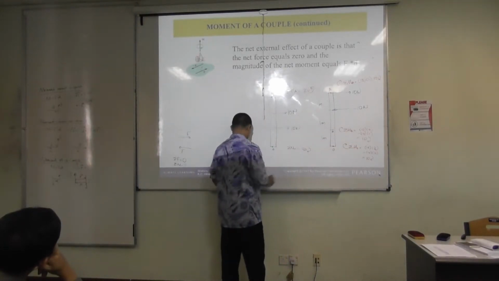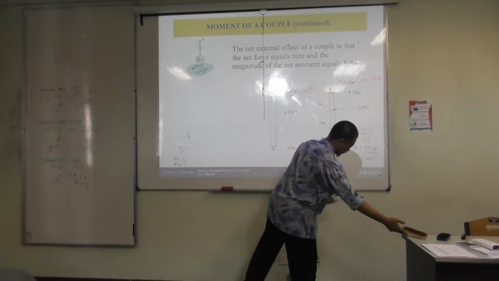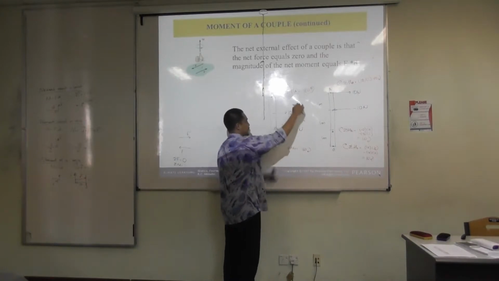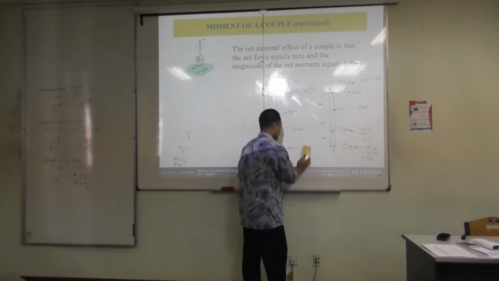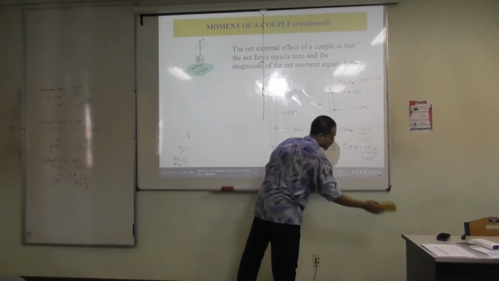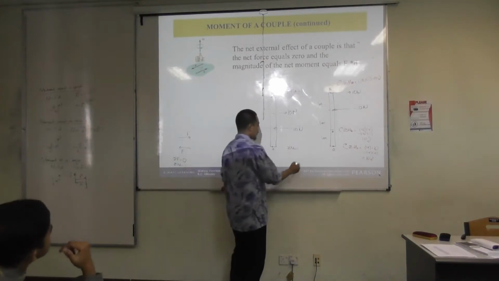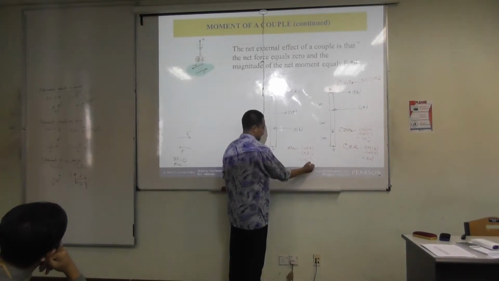What if we shift the couple like we did before, right? Then the couple becomes here, we just shift it down. So the summation of moment about point O right now is, if you calculate 10 times 2 minus 10 times 1, 10 clockwise, right?